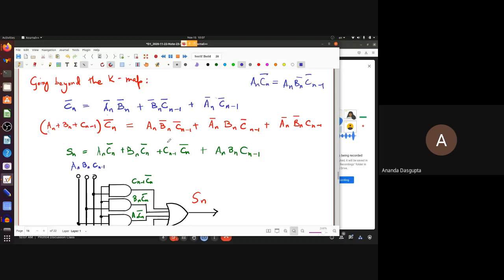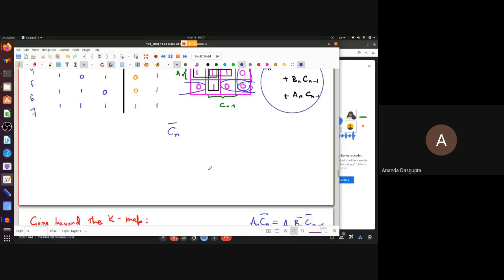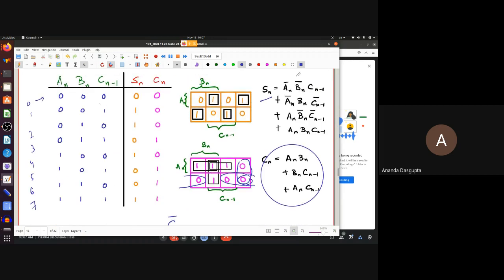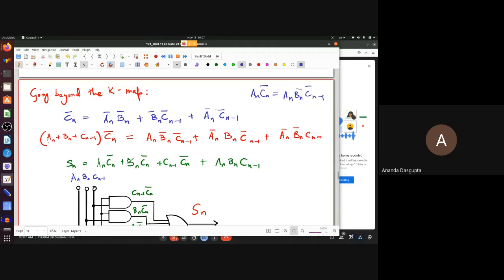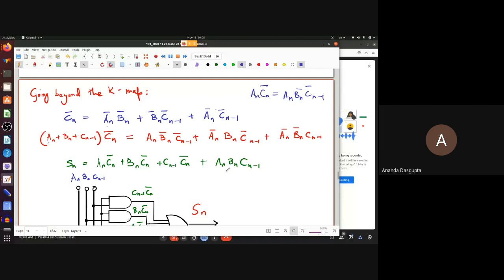Now, if you take a look at what Sn was, essentially these 3 terms OR'd with one more term, An, Bn, Cn minus 1. So Sn really works out to be this: An plus Bn plus Cn minus 1 AND'd with Cn bar, that gives you 3 of the terms, OR'd with An, Bn, Cn minus 1. So that's the Sn.